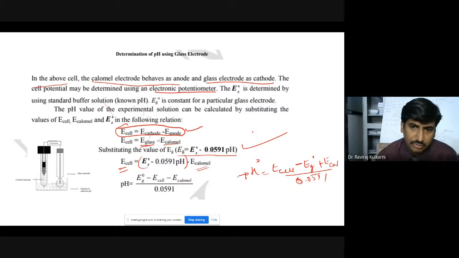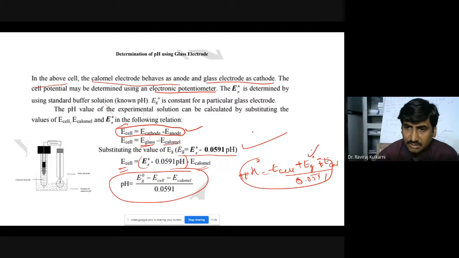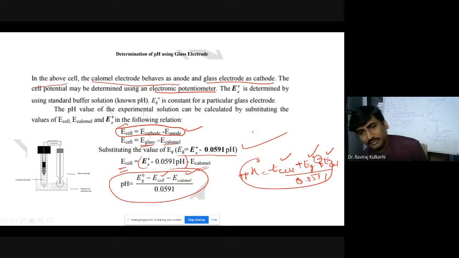Okay, so take it plus, you change the sign. This becomes minus, this becomes minus. So the same thing is written here. pH is equal to (Eg naught minus E cell minus E calomel) divided by 0.0591.